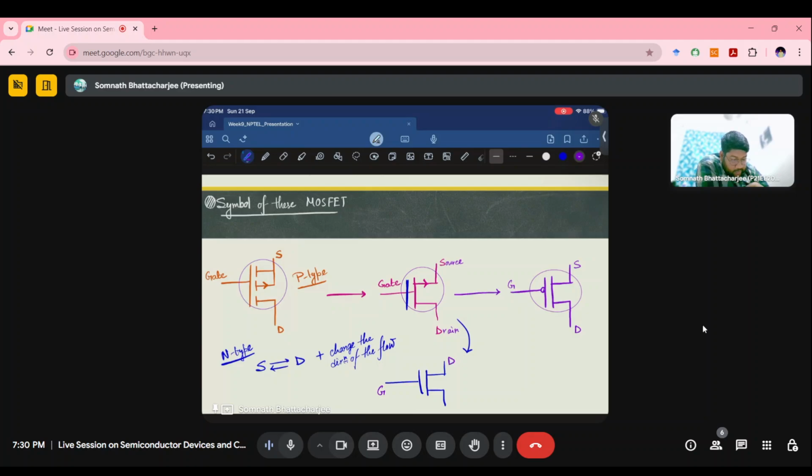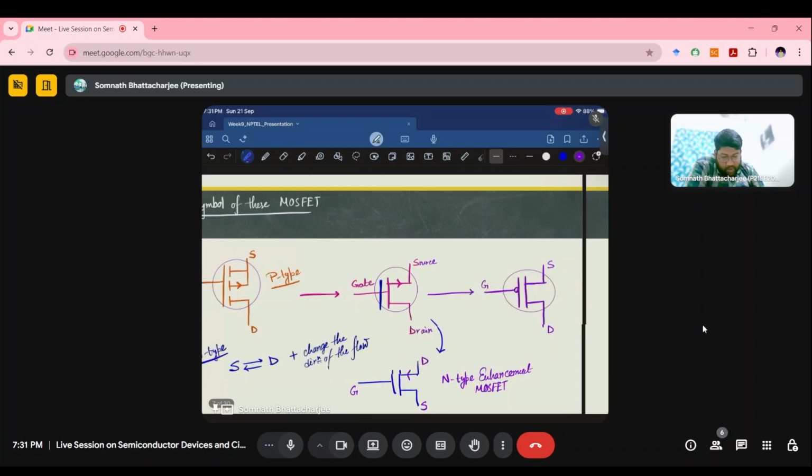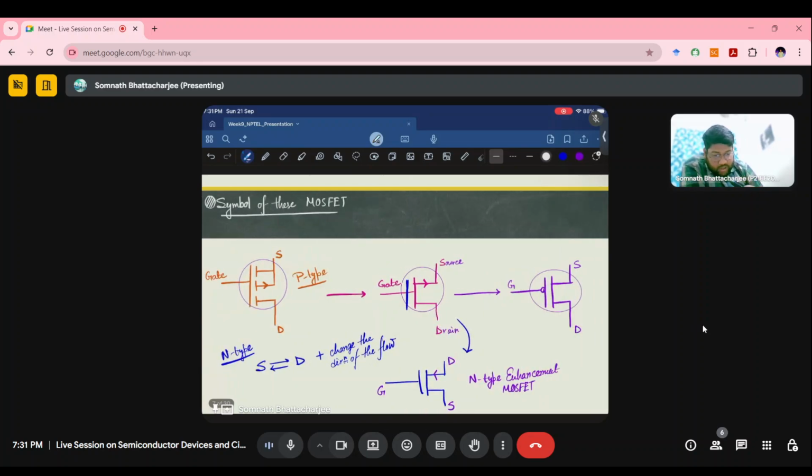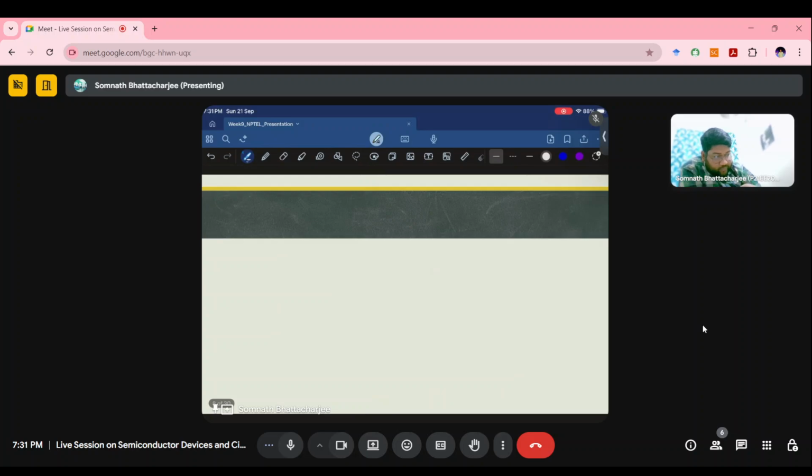This will be the drain terminal. This will be the source terminal, and the flow will be towards like this. So this is for an n-type enhancement MOSFET. We just have to interchange the source with the drain terminal along with the change of the direction of the flow. Now we'll be moving towards the other key parameters.